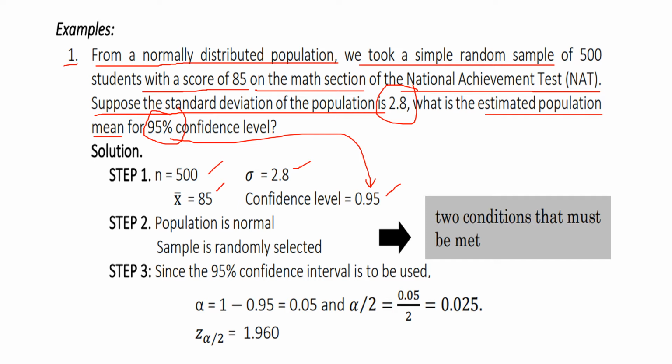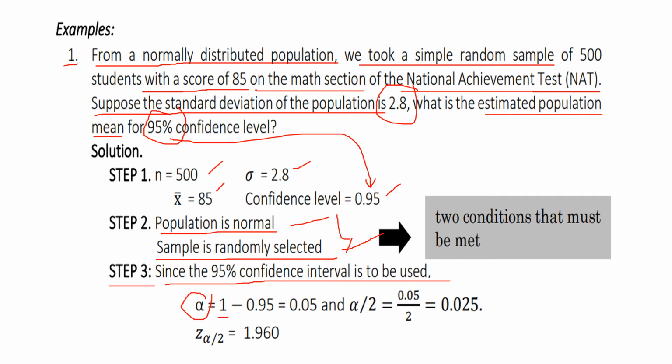Your step number 2 is to assume that your population is normal and your sample is randomly selected. So there are two conditions that must be met: that your population is normal and the sample is randomly selected. For step number 3, since the 95% confidence interval is to be used, to compute for the value of your alpha, your alpha will be equal to 1 minus your CI, or your confidence interval.